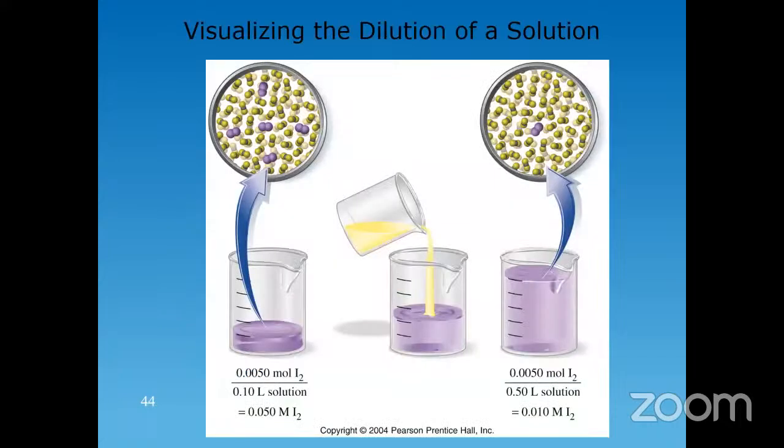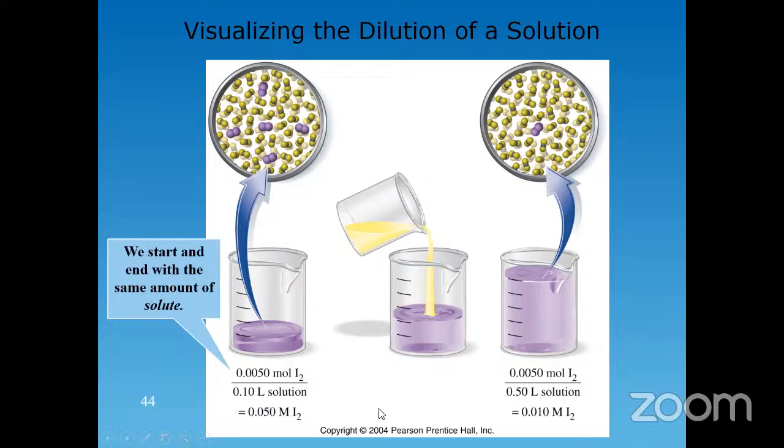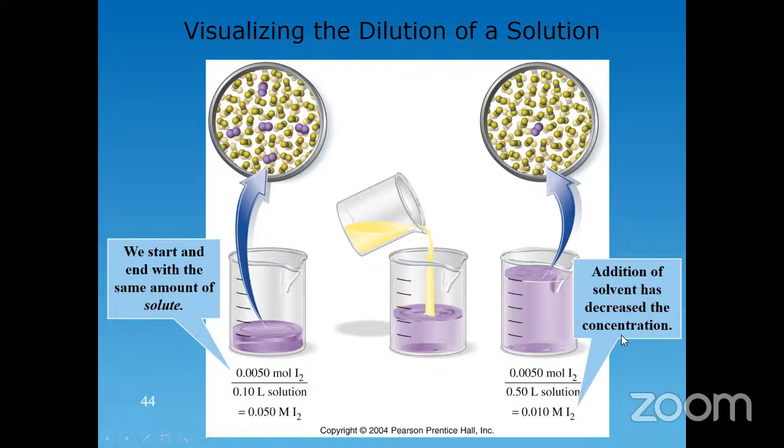So here is a pictorial representation of what is happening in the case of diluting a solution of 0.050 M iodine, right? So this is an aqueous solution containing iodine of this molarity. So to dilute it to 0.010, what we do is add solvent, and as stated here, the addition of solvent has decreased the concentration, all right?